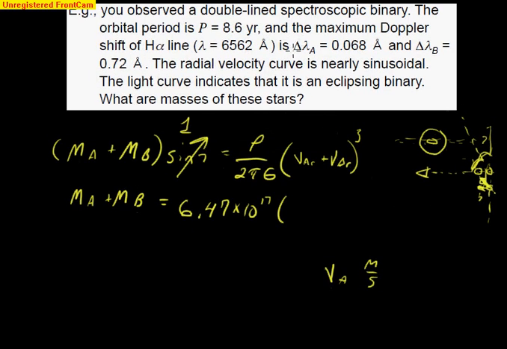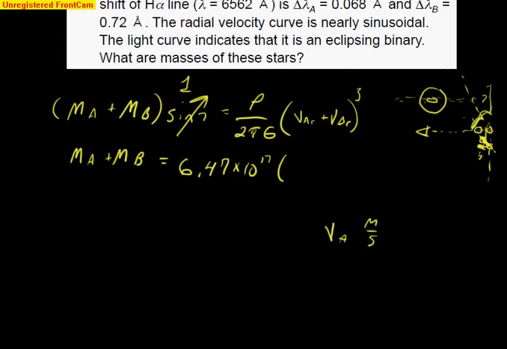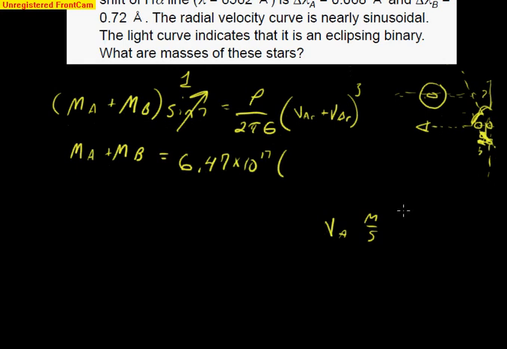We have this change in lambda A. So we could construct something with lambda A here, and that was the change in lambda A, but what are we going to use for the seconds? We can't use this, we're already using it over here.